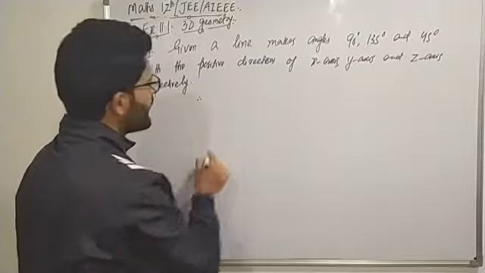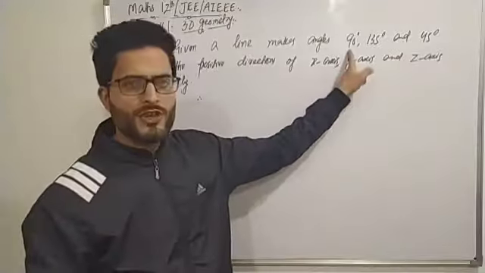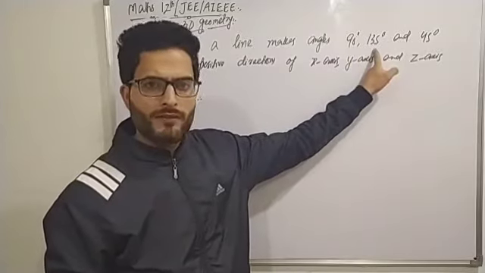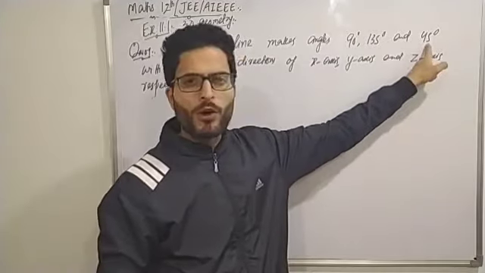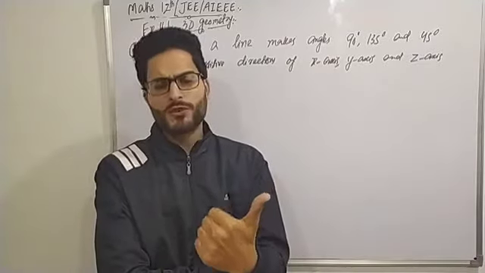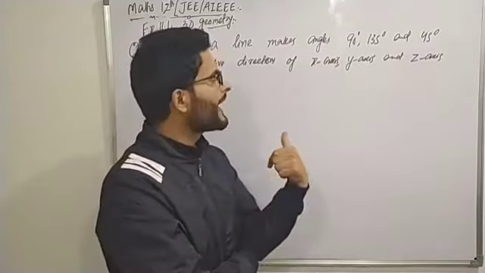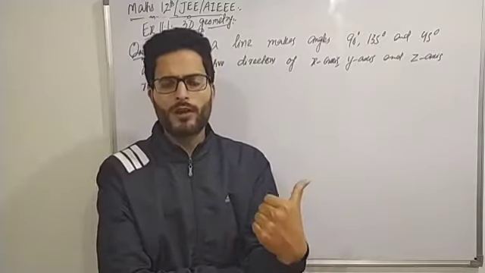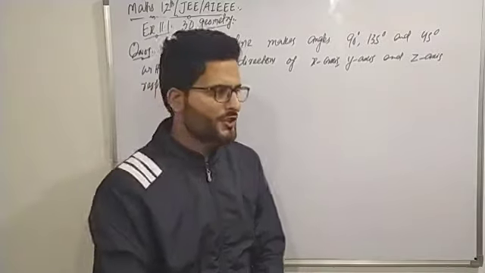Therefore, here alpha is 90, beta is 135 and gamma is 45 degrees. So we will apply cosine to alpha, beta and gamma, that is to 90, 135 and 45, and there we will get the direction cosines.